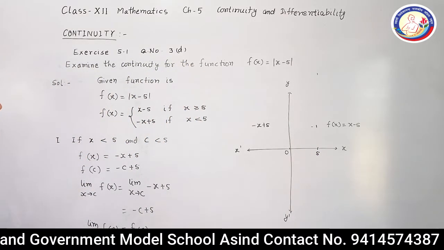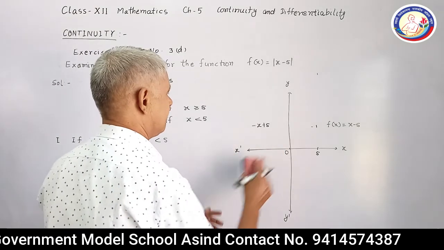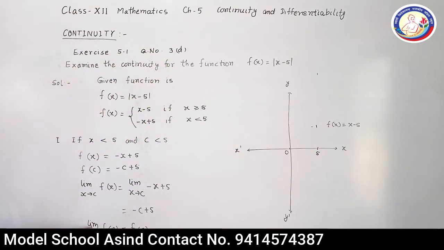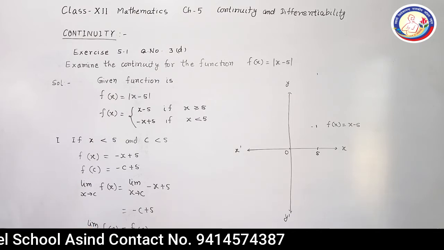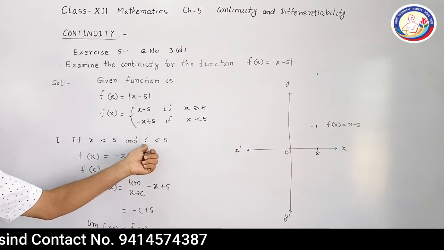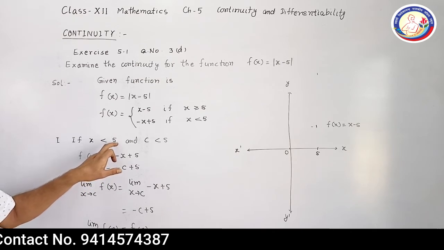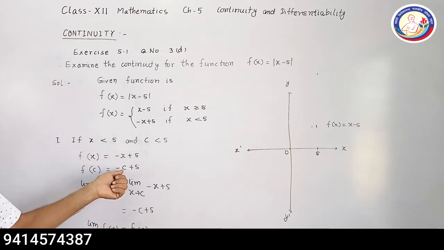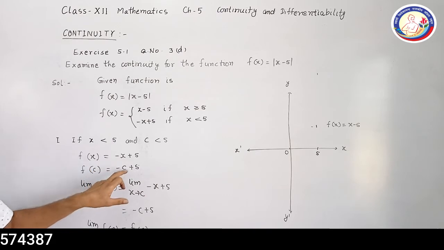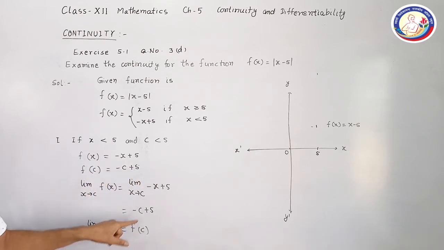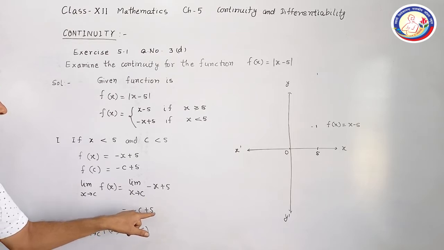Now for the second part, this is the condition for continuity of any function at a point C, and C is a general point. The value of C is less than 5, then the value of the function comes out to be minus C plus 5 at C, and again the limit also comes out to be minus C plus 5.